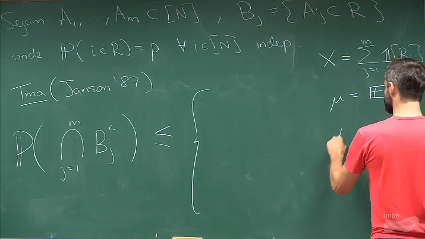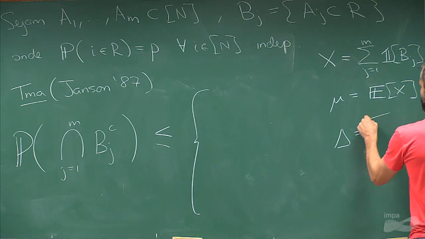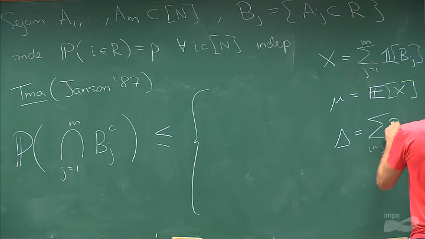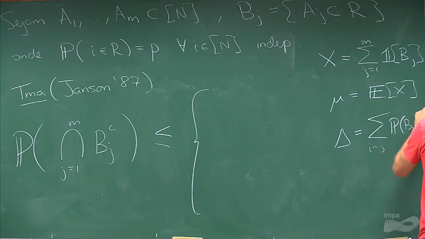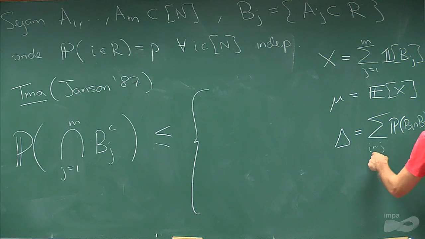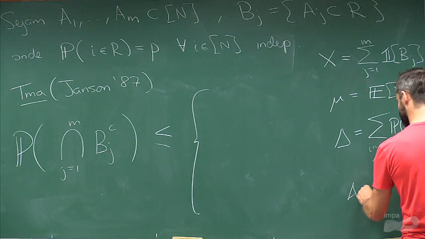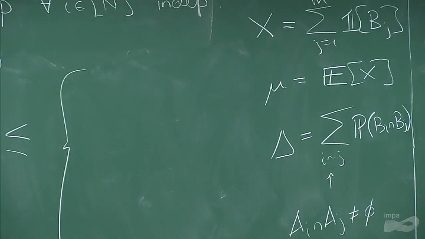And let's write delta for something like the variance of x, but let's write it explicitly as the sum over i tilde j of the probability of bi and bj. What does this mean? This i tilde j means that ai intersect aj is non-empty. Okay? So we're taking the sum over all pairs that interact.